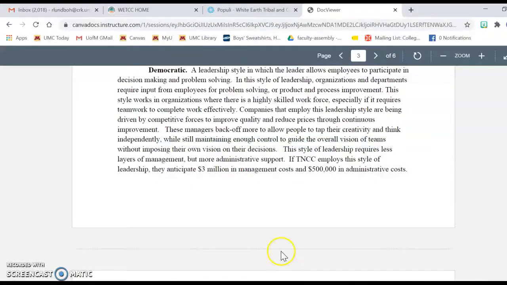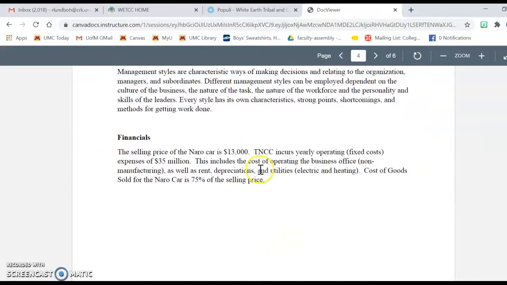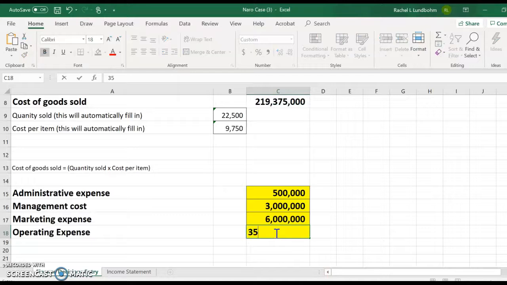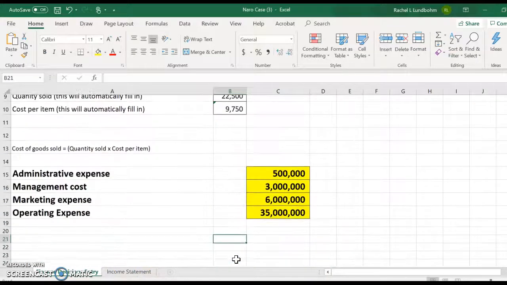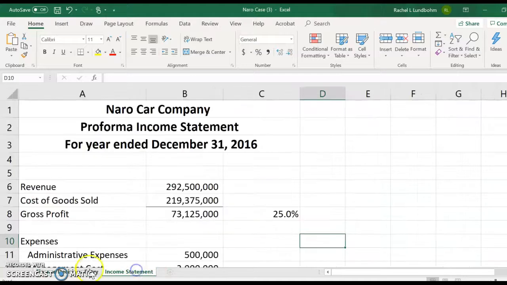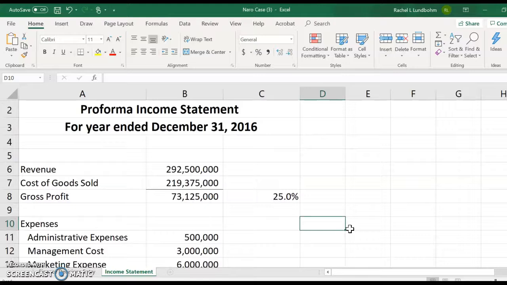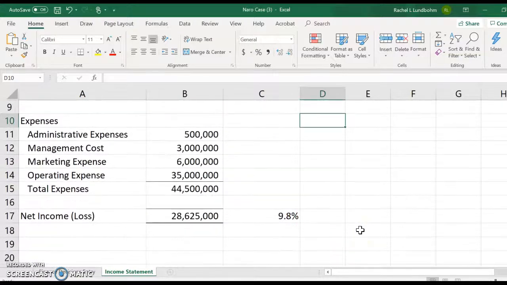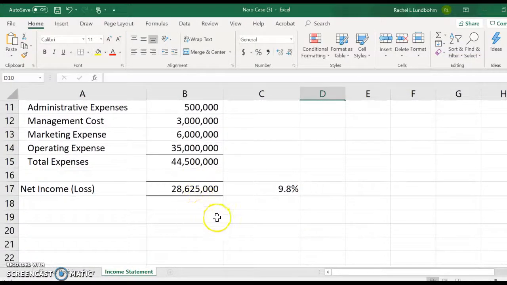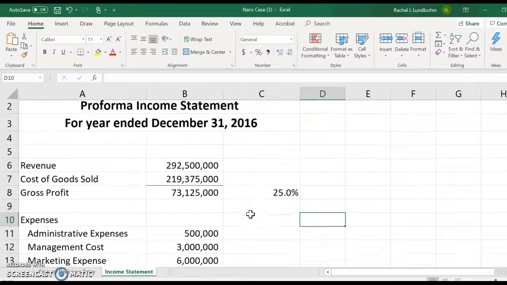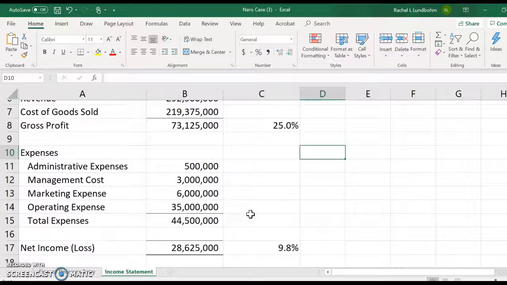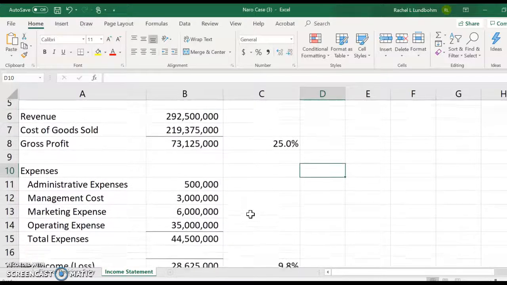And as you recall, the operating costs down here are 35 million. And then what I do is I put all the yellows in and it will create an income statement. So look at the tab down here. And as you can see, I have gross profit of $73,000 and my net income was 28,625, which was a 9.8% return on, I think that's ROI is what that number is looking at.